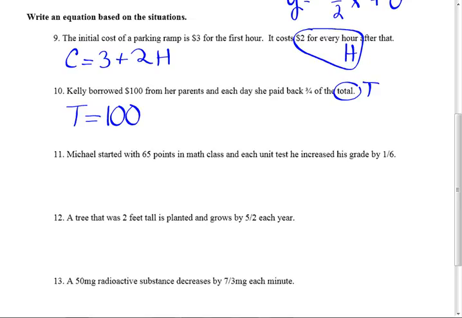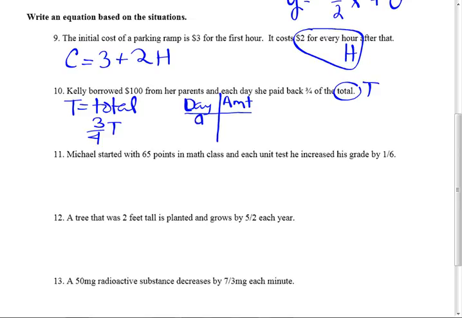Okay, yeah, so it's, oh, each day. Okay, let's try this again. T is the total. She pays back 3/4 of the total every day. So she starts off with $100. What do I want to do? I want to find out how much she owes every day. Okay, so day 0, she owes $100.